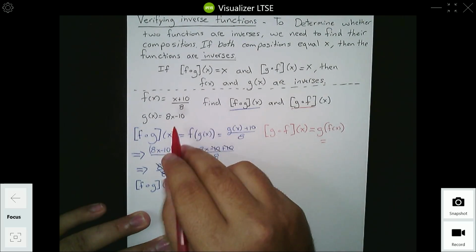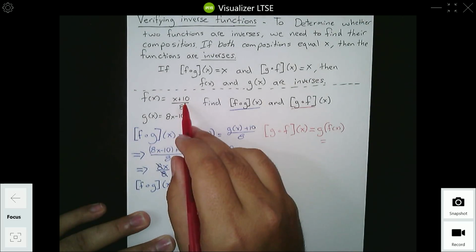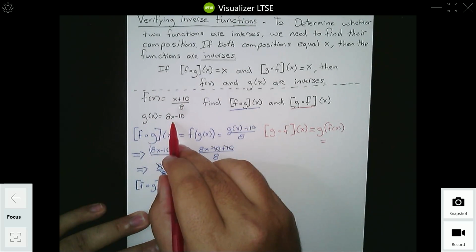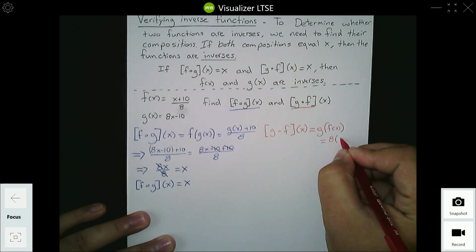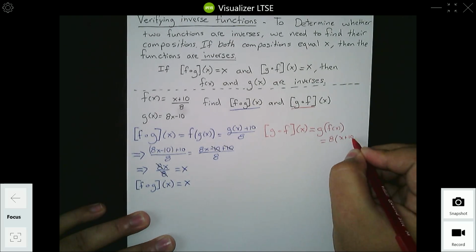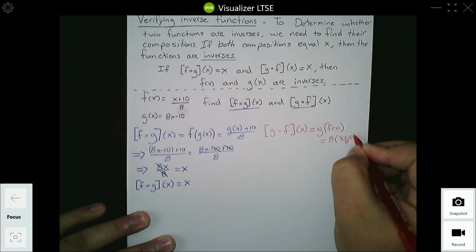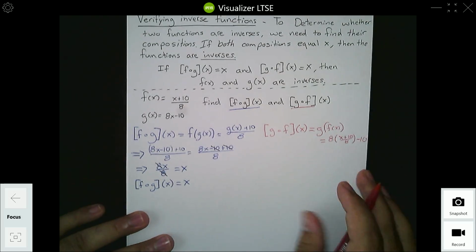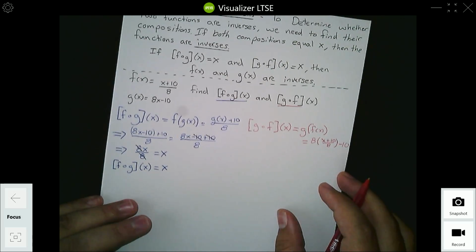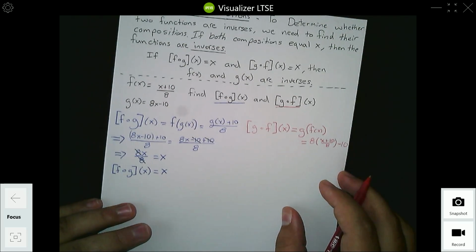We're going to take f of x and plug it in for all values of x for g of x. So 8 times x plus 10 divided by 8, minus 10. Now we'll go ahead and work this out.